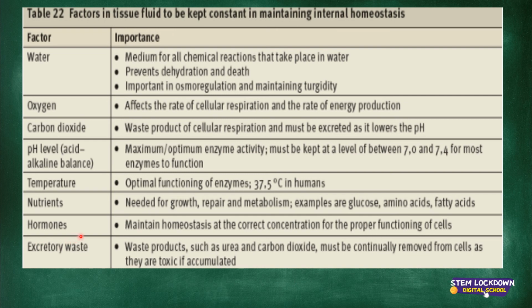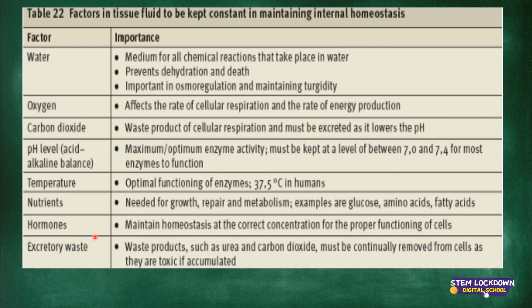The other factor I'll discuss is hormones. Hormones are involved in the regulation of almost all of these factors. You remember them from the topic of the endocrine system. Why are they important? They maintain homeostasis at the correct concentration for the proper functioning of cells. Without hormones, it would be nearly impossible for some factors to be regulated.